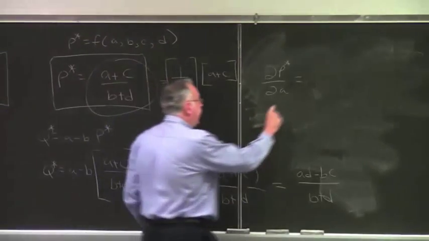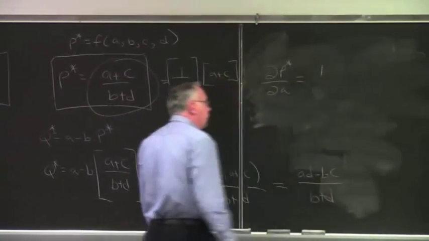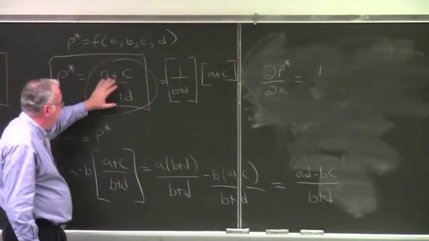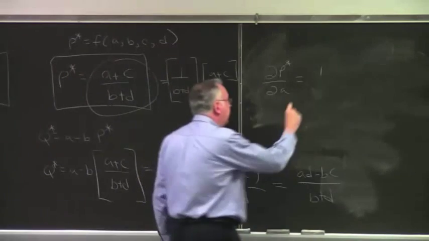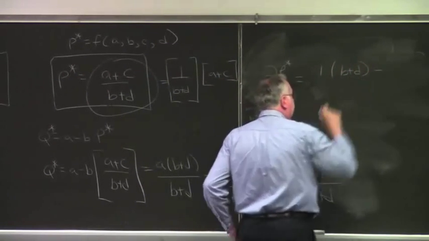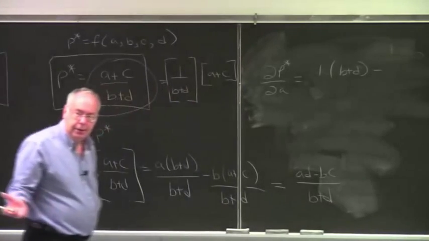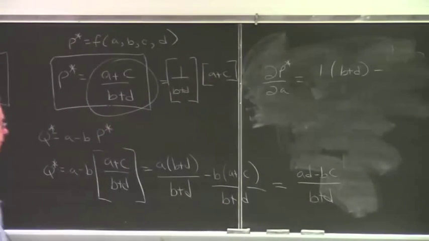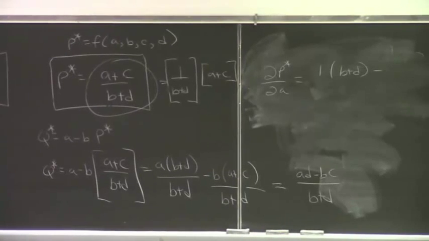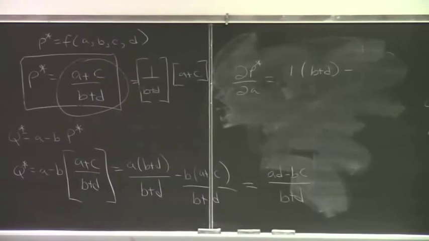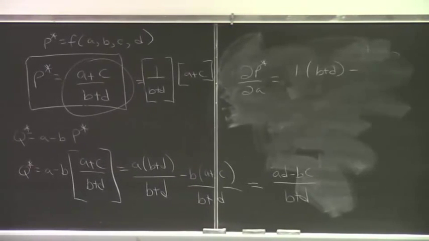Okay. And if we're using the quotient rule, you take the derivative of the numerator times the denominator. The denominator is just b plus d. Minus what? We're using the quotient rule, Diana. Minus, you're right, but what is the rule? The derivative of the denominator with respect to a. We're differentiating with respect to a.